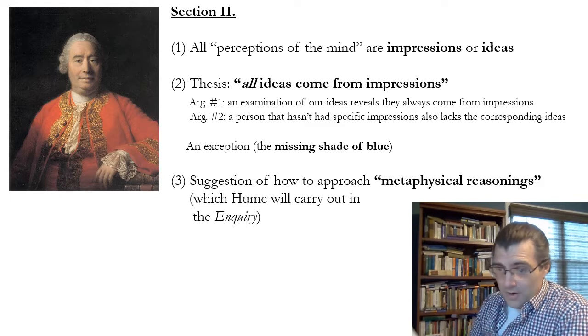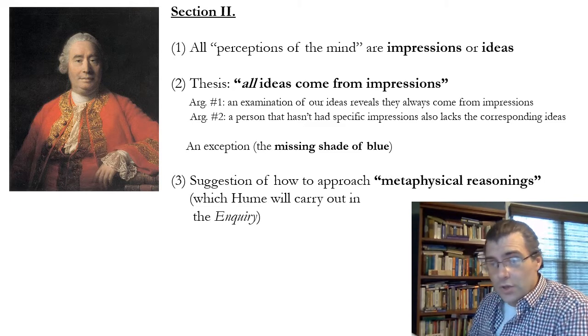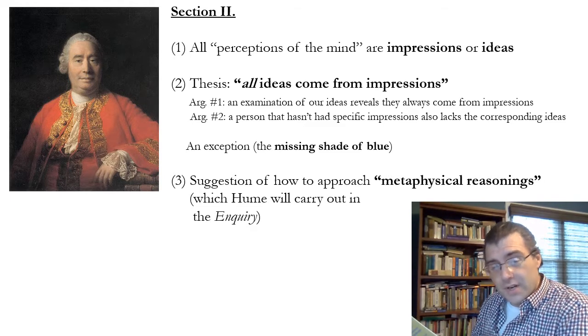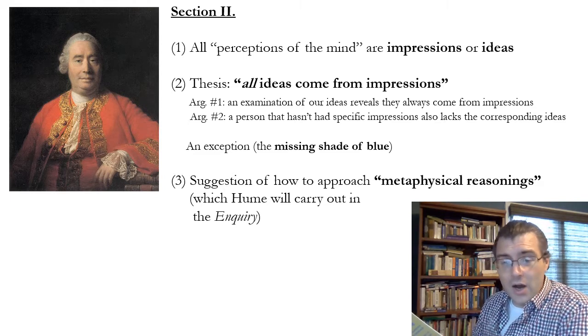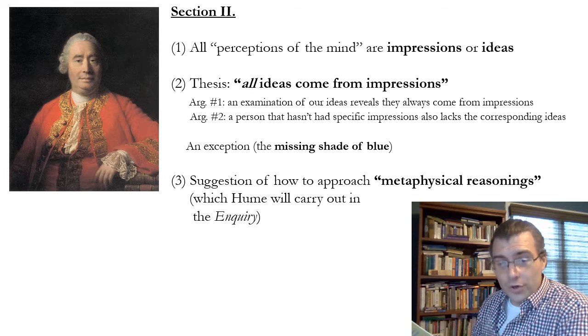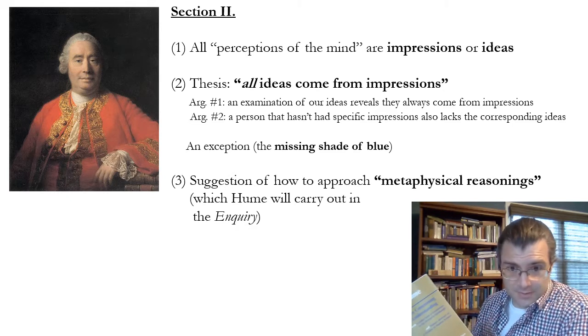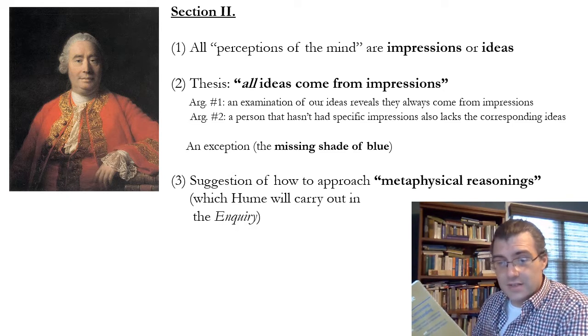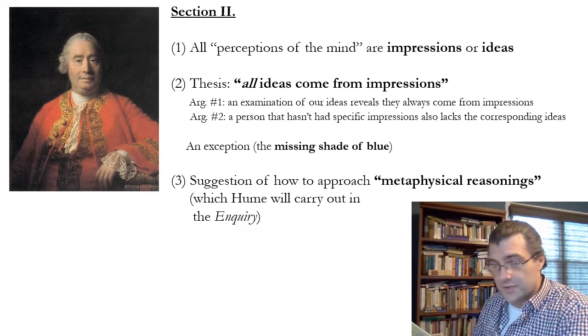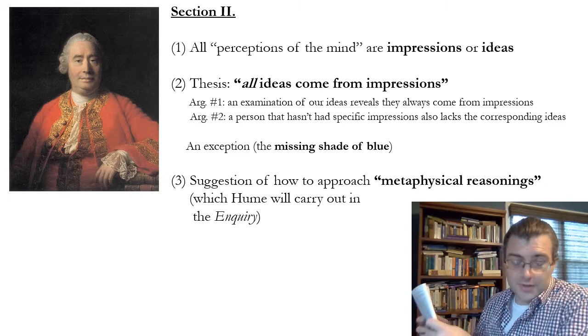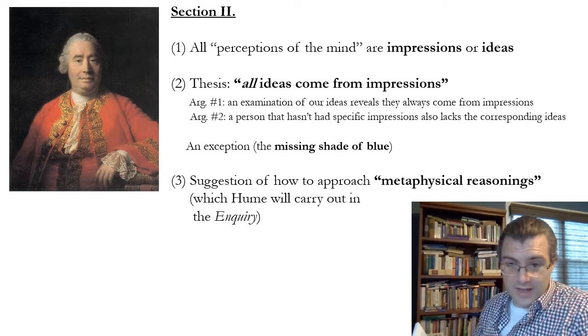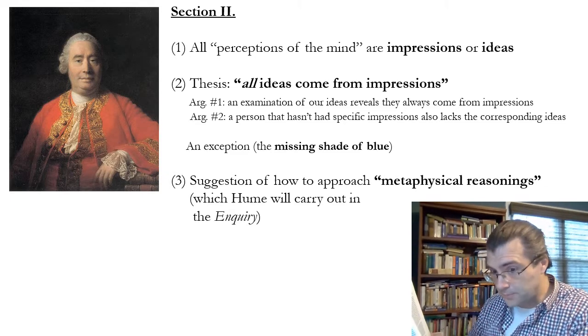And in the last paragraph of section 2, Hume gives a kind of indication of how he's going to argue for a lot of the rest of this book. He makes a suggestion of how to approach what he calls metaphysical reasonings. Basically, the topics of the so-called abstruse philosophy that he had mentioned earlier.